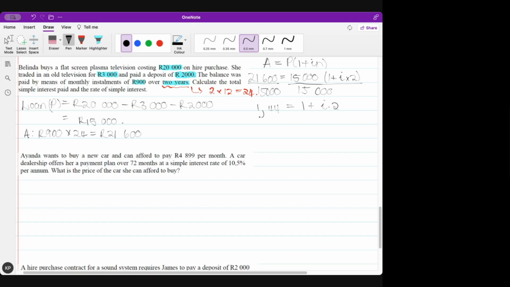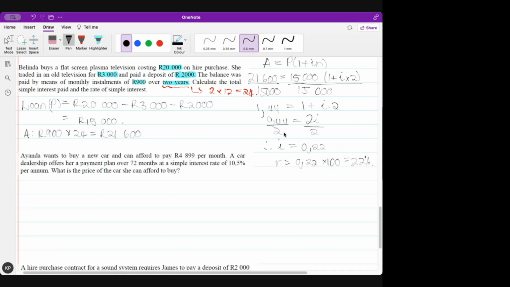You minus 1, which gives you 0,44, and then you divide by 2. What's my interest rate? I almost wrote x, it's just muscle memory. As soon as I write therefore, the first thing I write is x. But no, we're not solving for x. The interest rate is 22%.